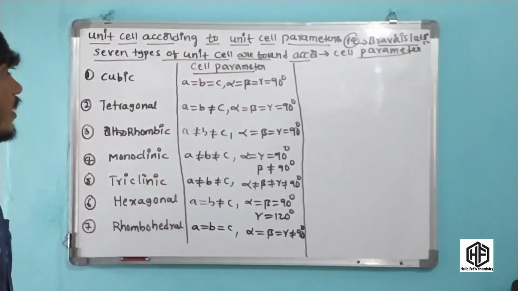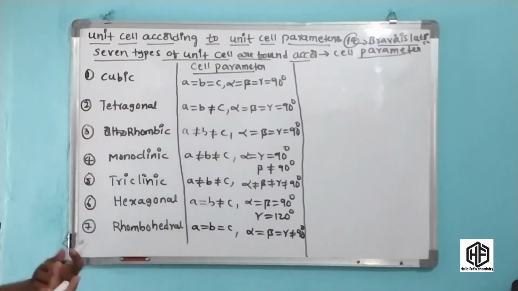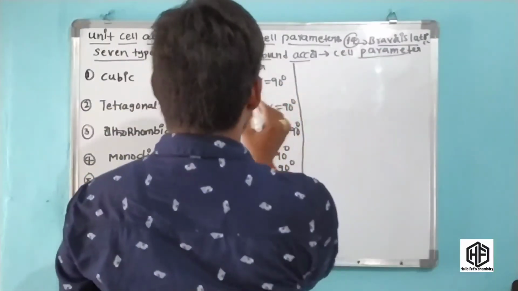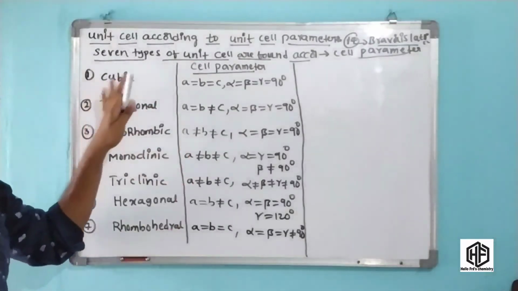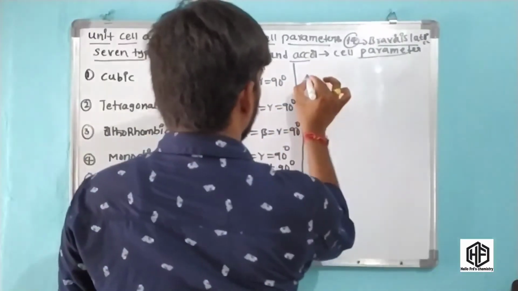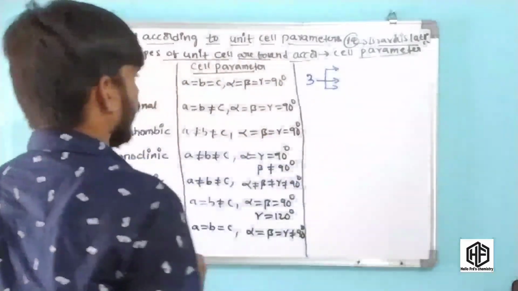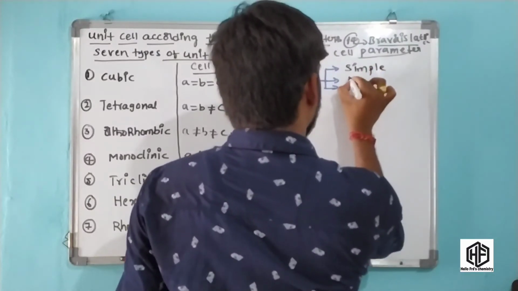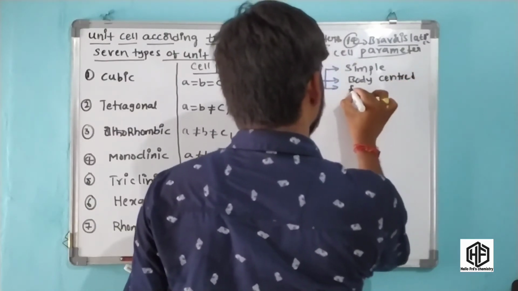Now, according to these cell parameters and atom arrangement, these 7 types of unit cells are further classified into these 14 Bravais lattices. Experimentally, the cubic unit cell is further divided into 3 categories: simple unit cell, body centered unit cell, and face centered unit cell.